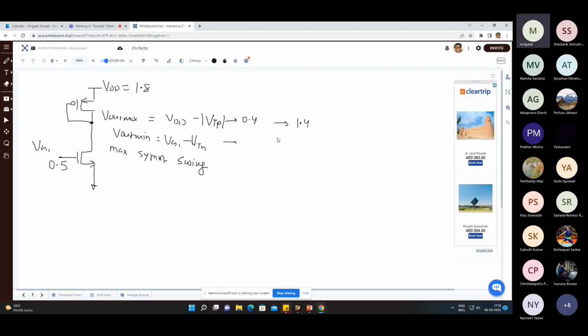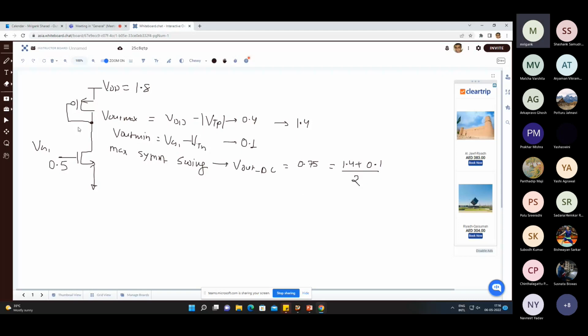So Vout min will be equal to 0.1, and therefore we would like to bias the Vout DC for maximum symmetric swing at 1.4 plus 0.1, which is 1.5, by 2. That means 0.75.